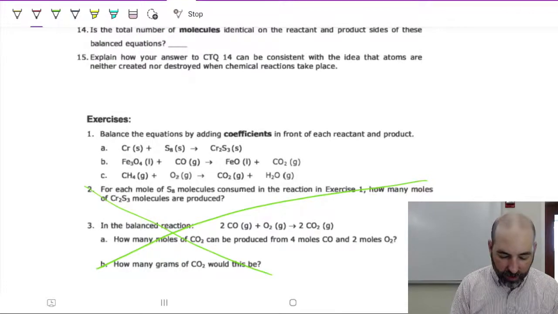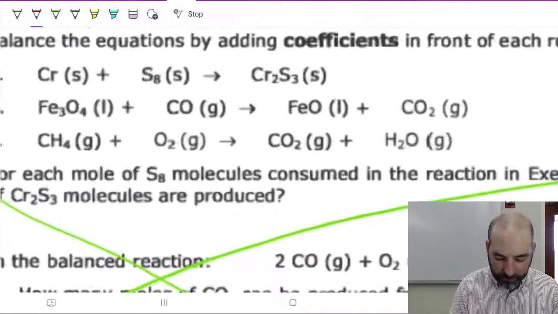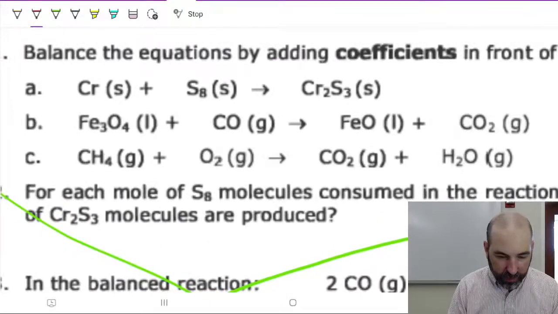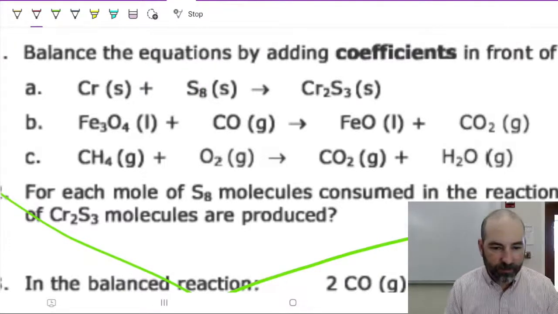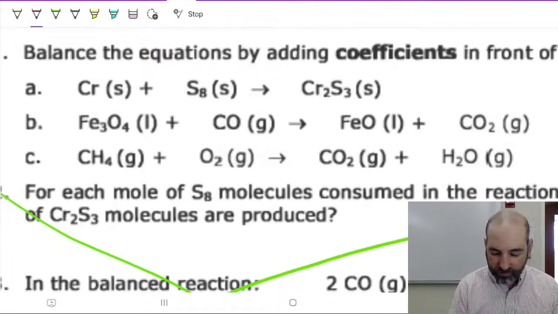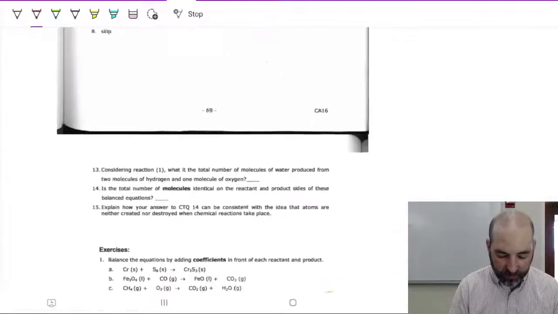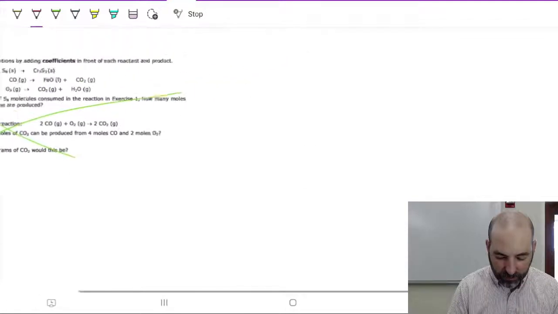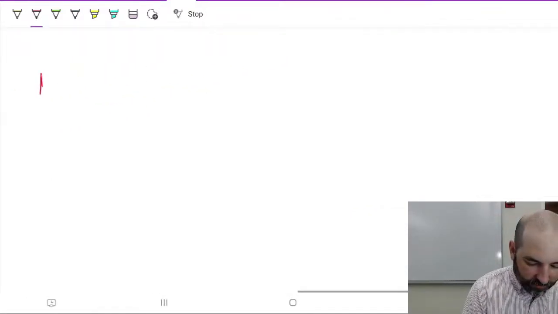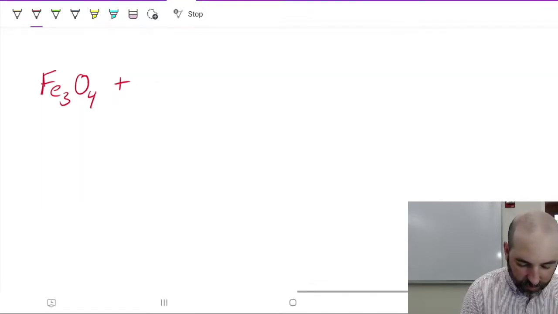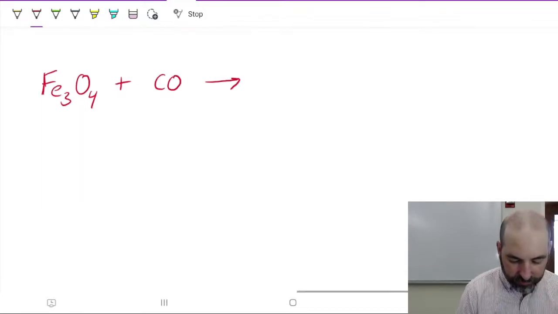We will do B here. And so Fe3O4 plus CO is FeO plus CO2. So that one, I'm not going to try to do it right there. I'm going to rewrite it so that we can see it a little bit better. So we've got Fe3O4 plus CO. What was the other part?